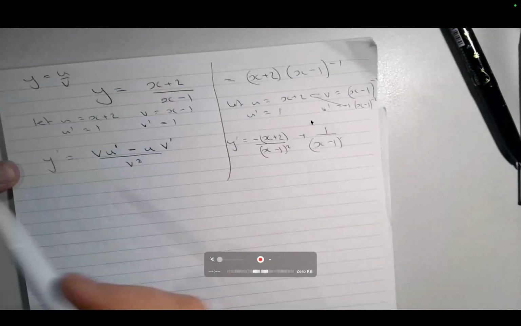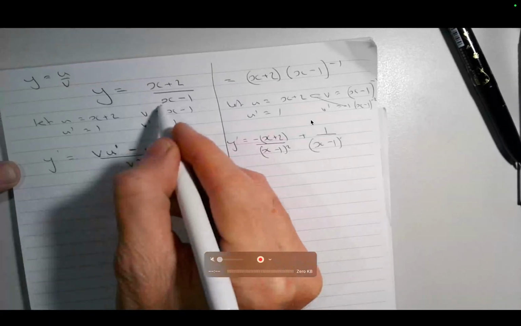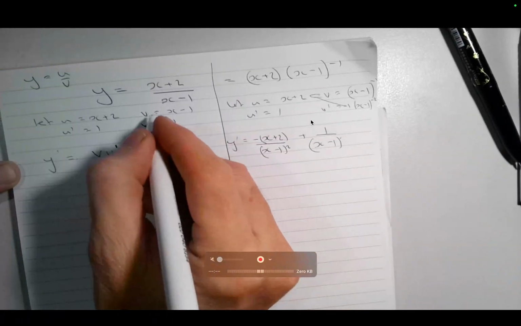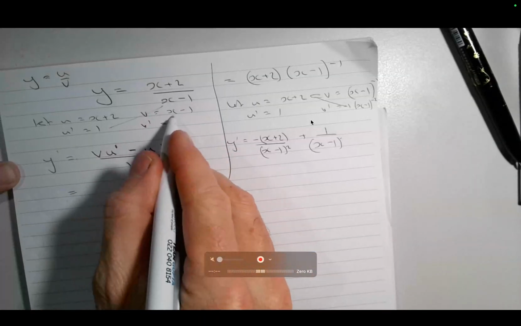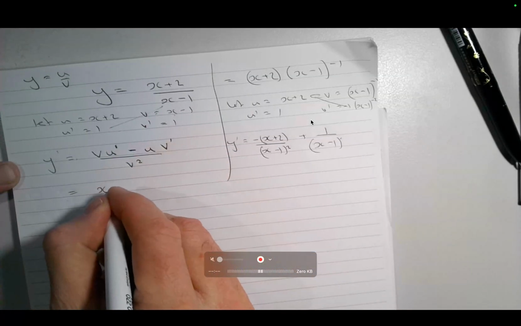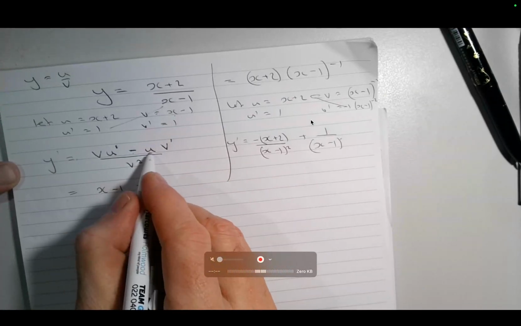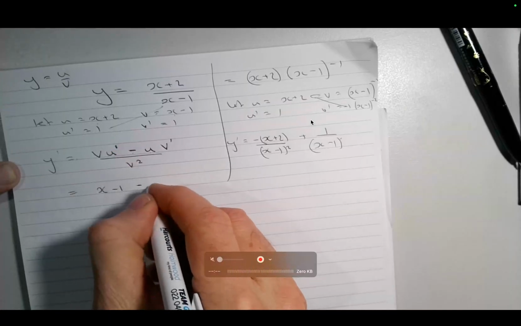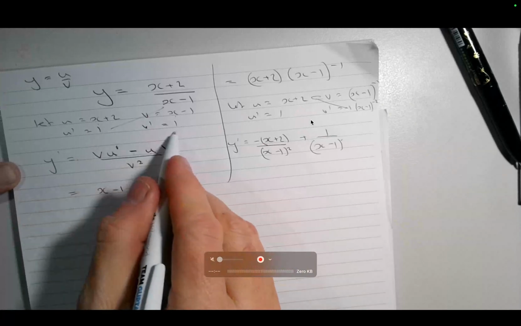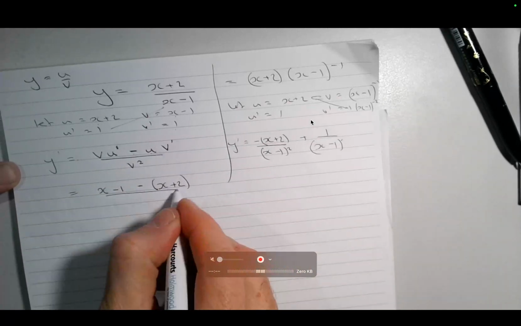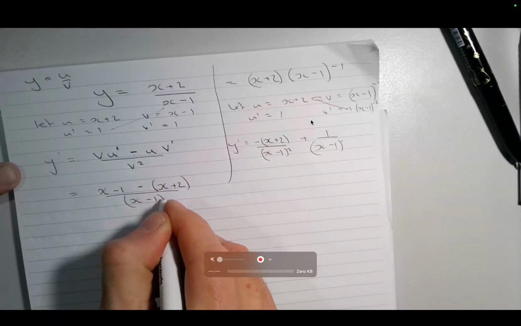Now, if we look at this, basically that diagonal first. In other words, it's going to be x minus 1 times 1. And then you put a minus sign, and then u is x plus 2 times that thing, which is just 1. And the whole thing is over this thing here squared.